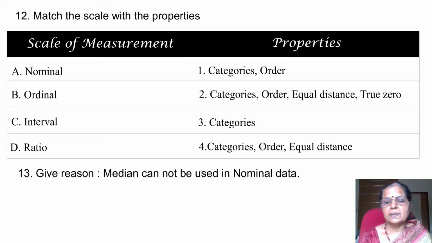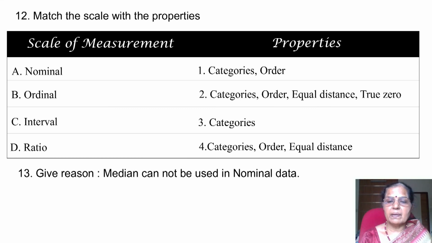So 3 is the correct one. And B is ordinal data, and ordinal scale will have both categories and order. So remember, order, ordinal; name, nominal. And interval, equal interval. And C with fourth one, it has got categories, it has the order, and there is equal distance between the values. So C with fourth.